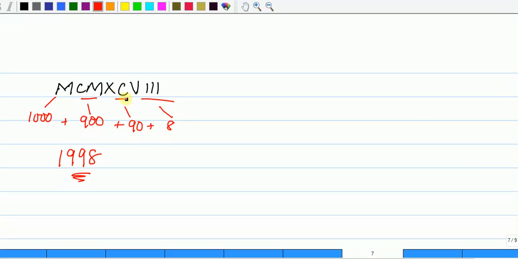XC, C being 100, and X being 10. So we're taking 10 from 100, giving us 90. V being 5, and the 3 I's representing 1 each. So that would be 5 and 3, 8. So that is 1,998, or 1998 if we were looking at it in terms of years.